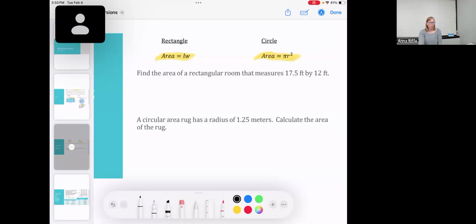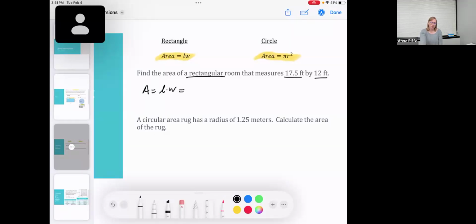Let's find the area of a rectangular room that measures 17.5 feet by 12 feet. For the area of a rectangular room, we use this length times width formula. As long as we have the 2 dimensions of a room, we can use either one for length.